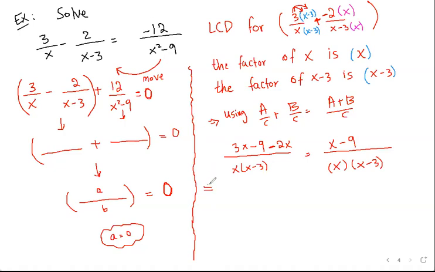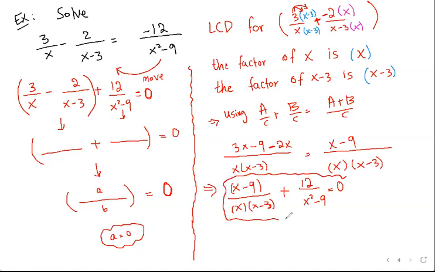So now I get x minus 9 over x times x minus 3, plus the second fraction here, 12 over x squared minus 9, equals 0. Now this is what I'm going to solve again.